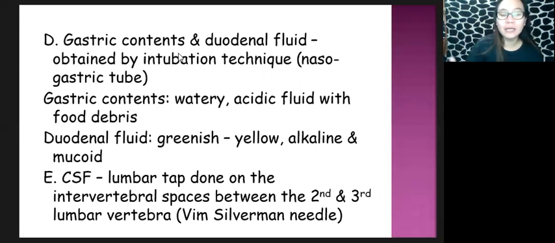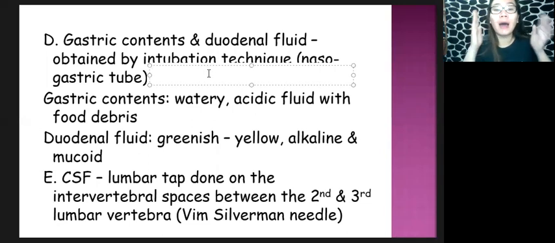Okay, the other one is your Rehfuss tube. So this one naman is a tube that is inserted via the mouth. So it's not just your nasogastric tube, it's not just through the nose, but it could also be inserted through the mouth. Okay, so these are your intubation techniques.